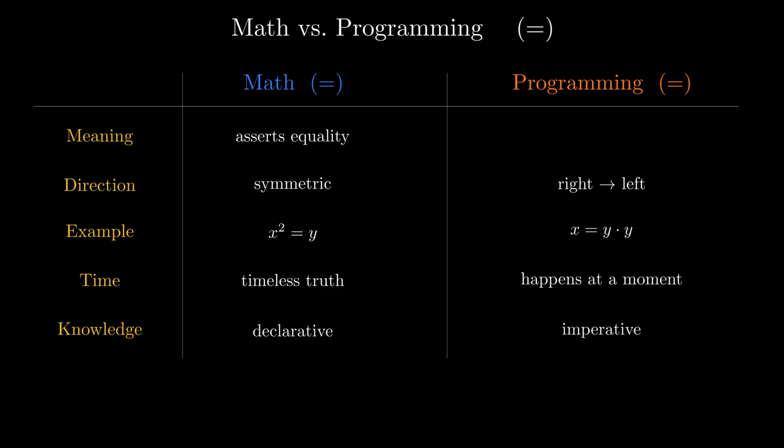Humans naturally think in relationships. We say feet depends on meters as if that dependency persists. But the computer thinks in moments. At this instant, bind this value to this name. The next instant is a fresh world. Every advanced programming concept traces back to this one shift. Mutation. Values change over time, so the same name can mean different things at different moments.